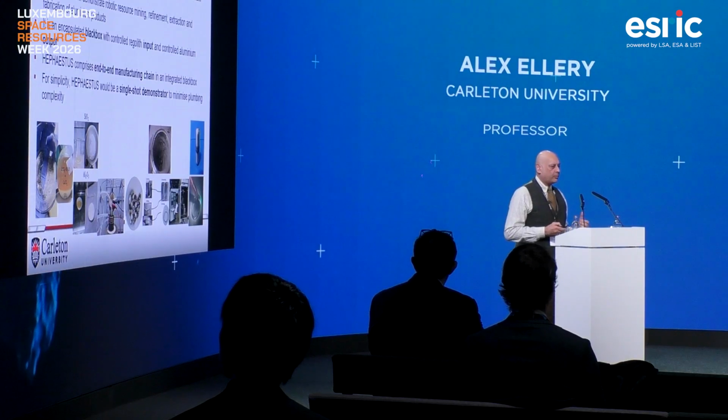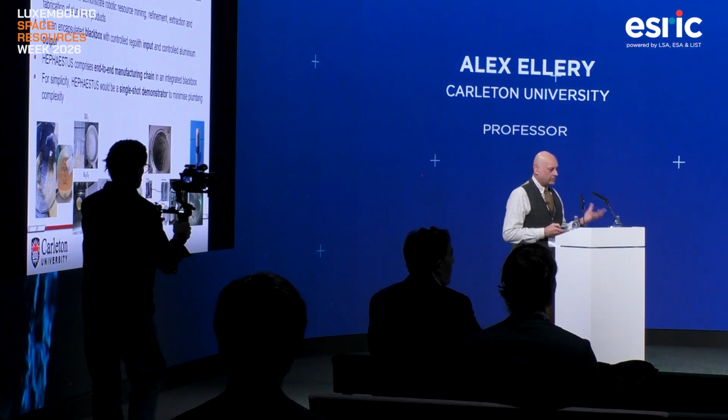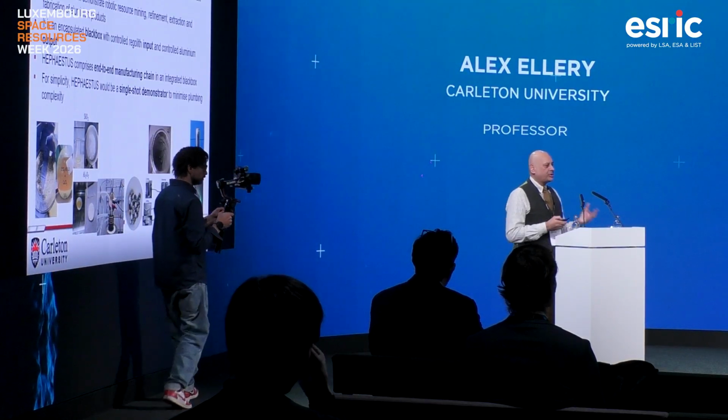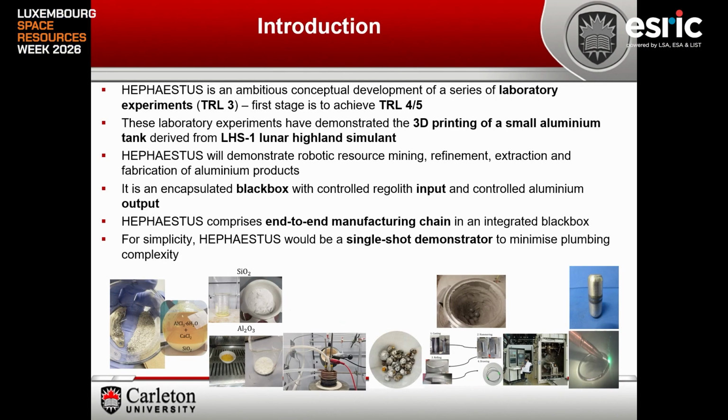What we've been trying to demonstrate is to take lunar regolith or simulant and process it in various ways that I'm going to talk about in a moment, and end up 3D printing an aluminium tank or some kind of aluminium article, directly from simulant, to show a full manufacturing chain all the way from raw material to final product.